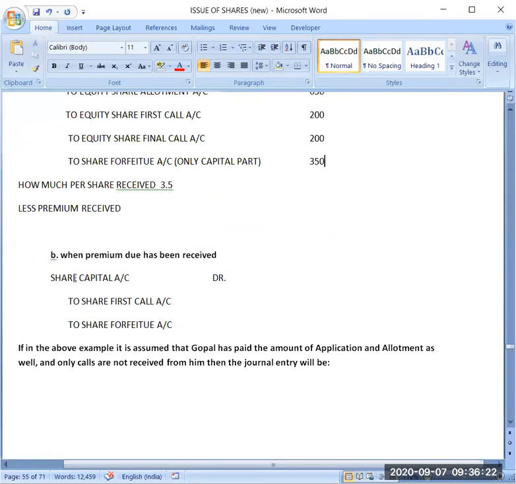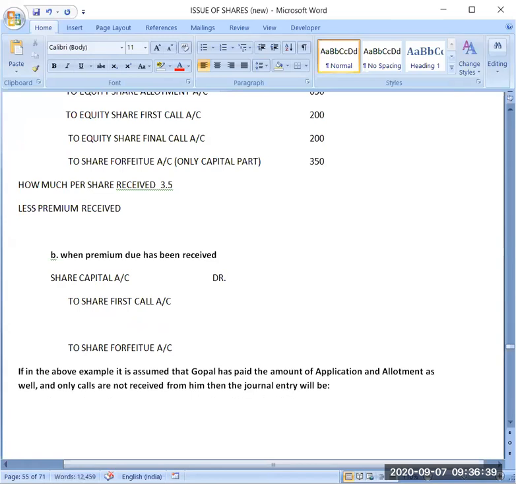Now, if you have received the premium, then the same entry which you were doing earlier will be done. Suppose in the above example, Gopal has paid you the amount of application and allotment, and only calls are not received. So then you have not received the first call and you have not received the final call.